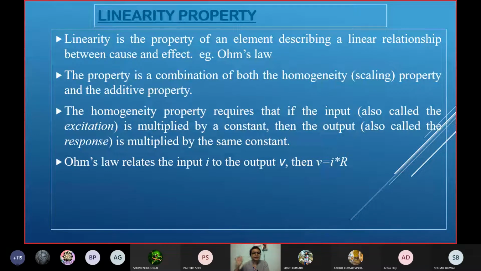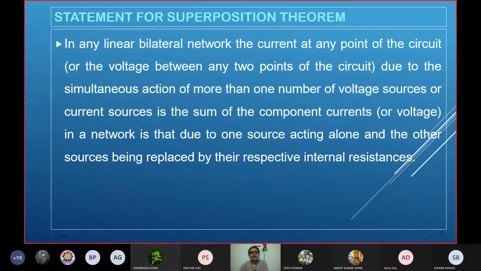will be the net effect when they act simultaneously. So in any linear bilateral network, the current at any point of the circuit, or the voltage between any two points, due to the simultaneous action of more than one voltage or current source, is the algebraic sum of the currents or voltages due to each source acting alone, with the other sources replaced by their respective internal resistances.